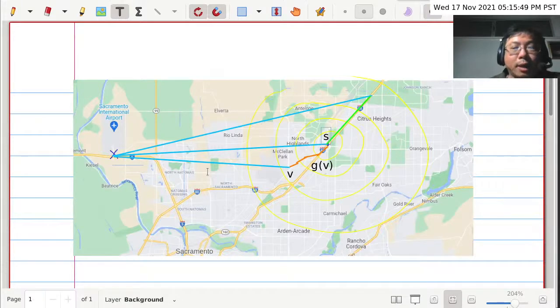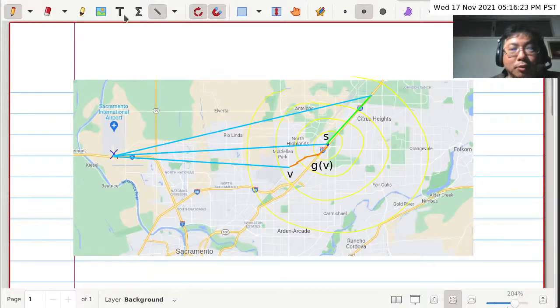And then you might ask, so what about f of v? f of v is a little bit harder to describe, and the best way to do it, let me see if I can do that over here. Okay, I have to turn off the text tool and do a straight line again. Very good. So if you add up this portion and the orange line, that becomes f of v. f of v has an easy way to designate it.